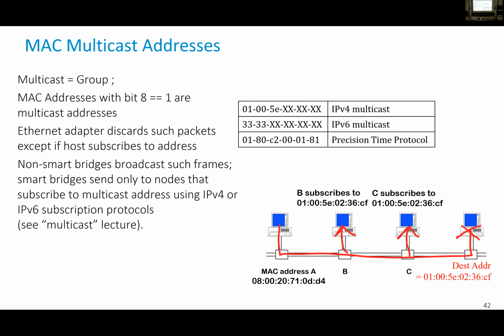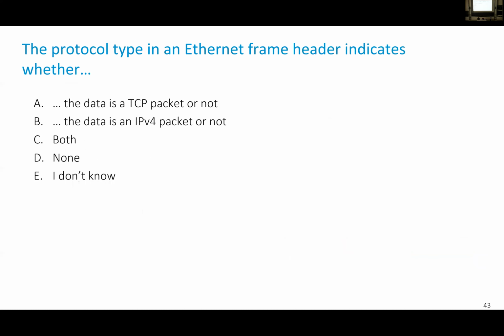So in principle, the only thing that a bridge, the one you buy at Migros, can do is handle all those MAC addresses that are destinations that have 1 in the 8th bit as broadcast. It will send them over the spanning tree to all bridges, therefore de facto making it a broadcast. We will come back to this multicast handling a bit later when we talk of IP multicast.